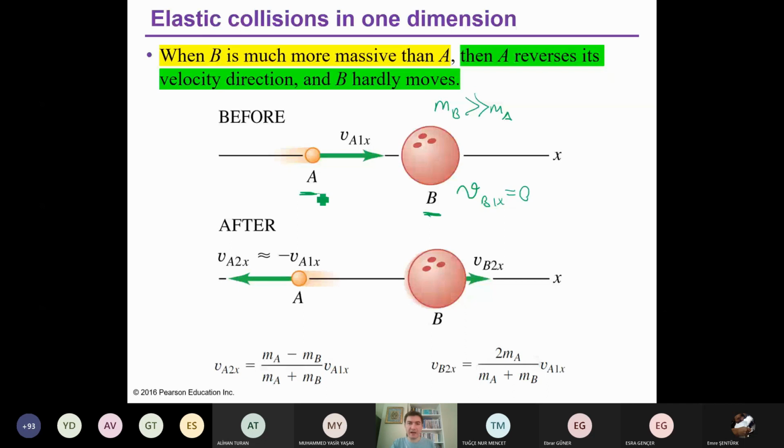And here we have the A ball with a certain mass, which is very small compared to the mass of the B ball, and it has a certain velocity. And B is at rest. So what will happen? After the collision, you can calculate the velocities of the two balls by using these two equations.